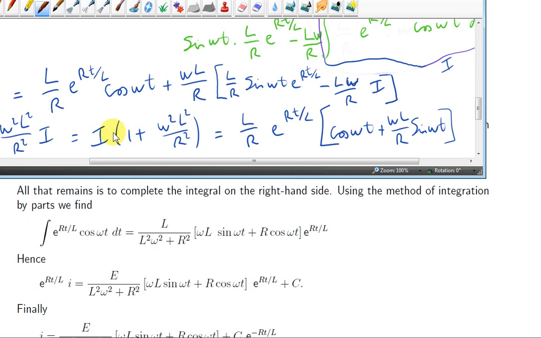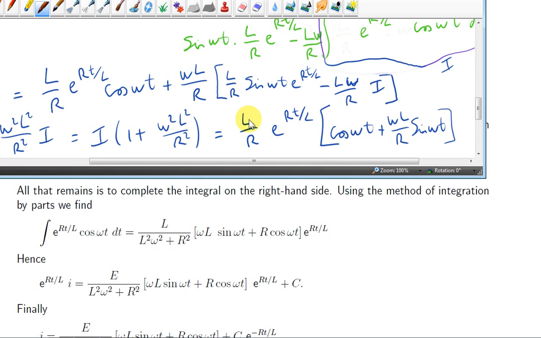Okay, now we need to find I. What we can do is multiply everything here by R squared. So inside the bracket here we get R squared plus omega squared L squared. That's where this denominator comes from actually. And if we multiply the right hand side by R squared, we'll get LR into this bracket here. Well, we can leave the L out as was done up here for the numerator.